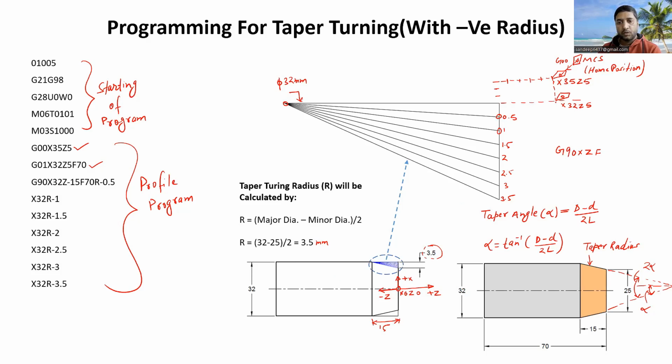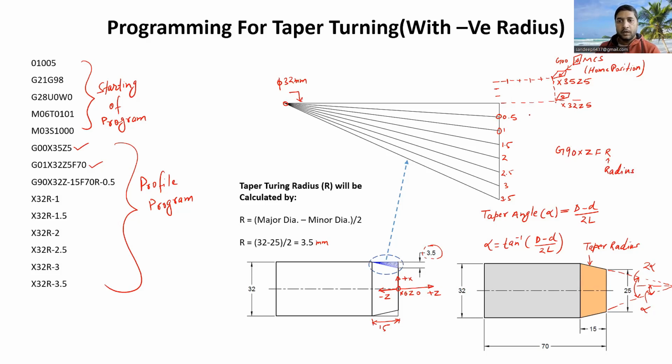We are moving the cutting tool towards the spindle, which will be minus Z movement. Feed is 70 mm per minute. Then we are taking radius. This is important here: radius as minus 0.5. So we are adding one more term here, the radius, in the box turning cycle.